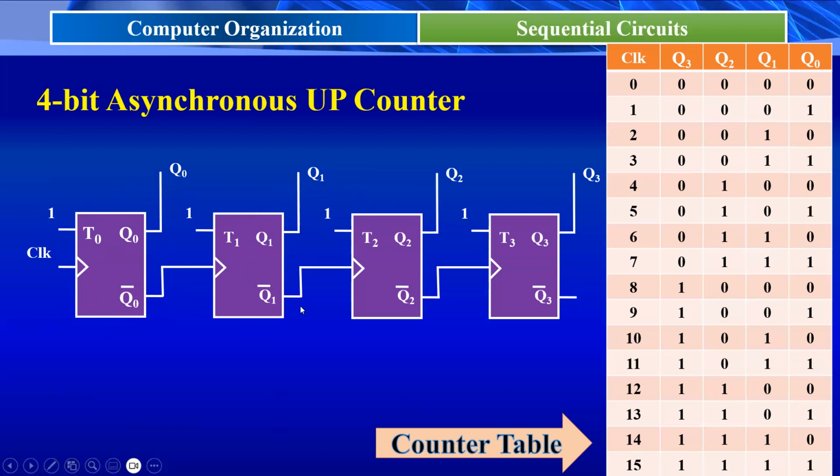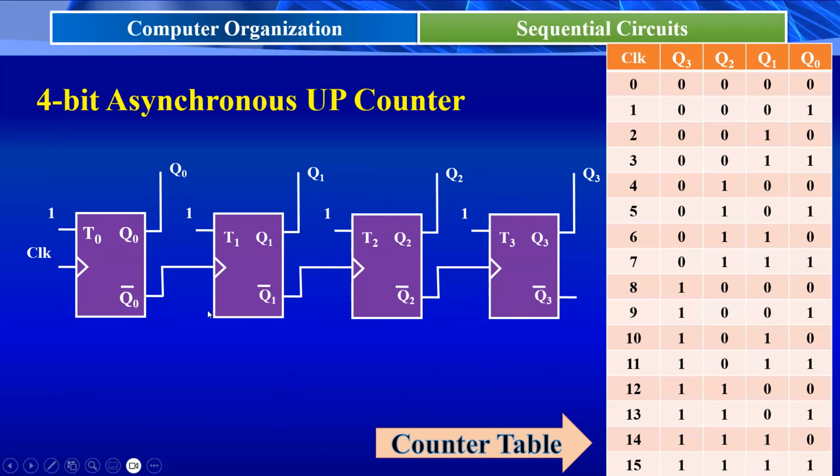Then the Q1 bar value is 1, and it drives flip-flop 2, whose output toggles because the T input is 1. Previously the Q2 value was 0, and now it toggles and becomes 1. Q2 bar value is 0, so it can't drive the next flip-flop. Then the state of your counter is 0, 1, 0, 0. That is your case.